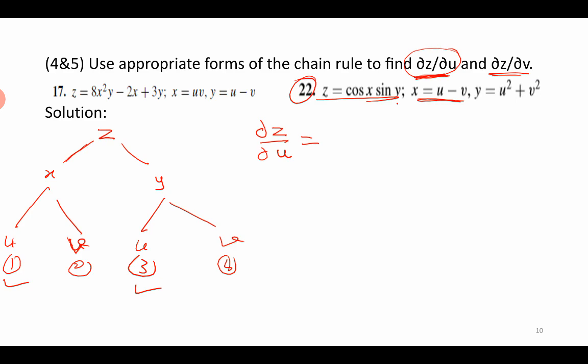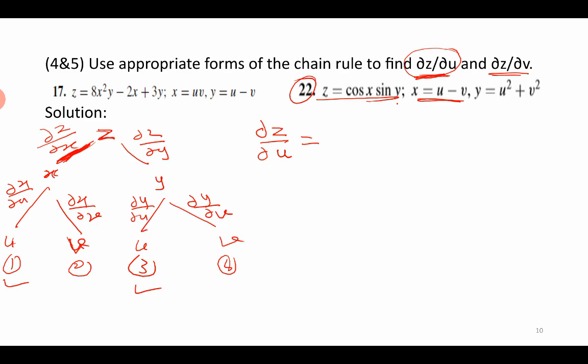For the first part, derivate z with respect to x, that is partial dou z by dou x, since there are two variables. Again x has two variables, again partial derivative: dou x over dou u, dou x over dou v. Similarly dou z over dou y, dou y over dou u.